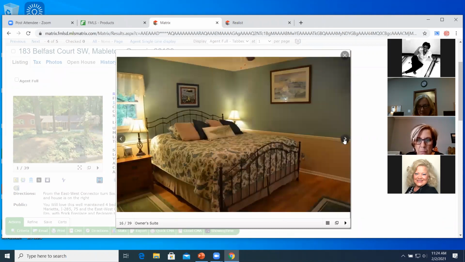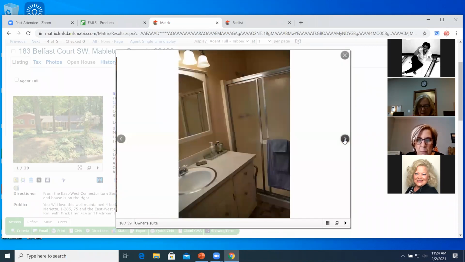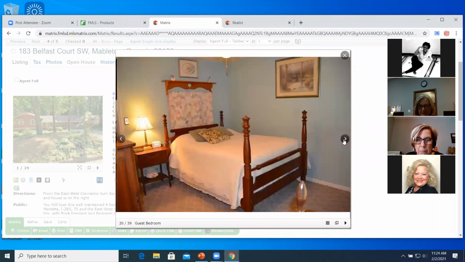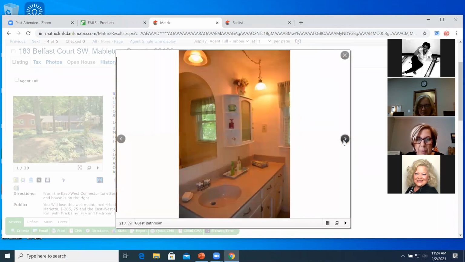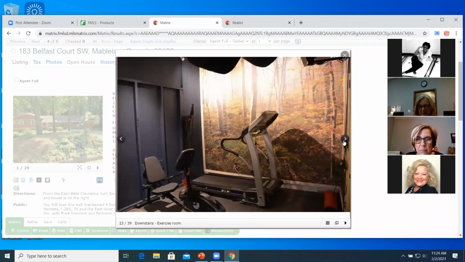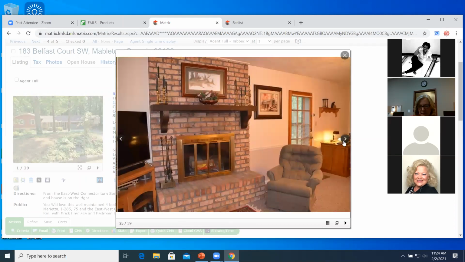Hardwood floors. So some of it's similar. I mean, the decorating is a little different, but that tile doesn't really look like it's been updated very much. I don't see a lot of upgrades in this house. What do you guys think?